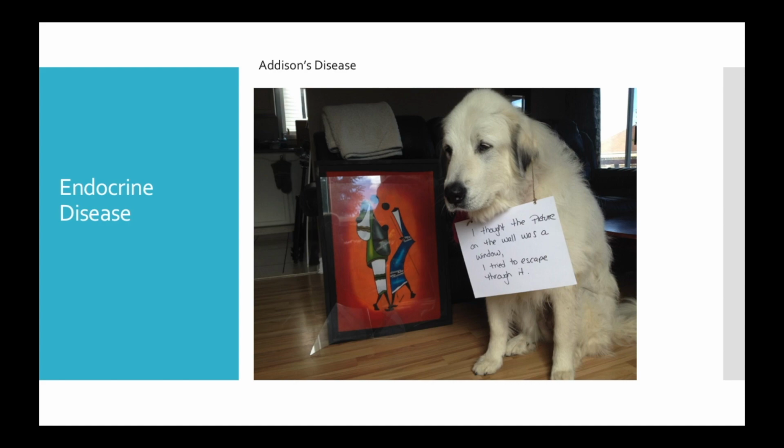And when they stop producing cortisol, the body doesn't respond very well to stress. So with a sympathetic nervous system reaction, we should get vasoconstriction, we should get increased heart rate, we should get all of that when those stress hormones kick in. And those compensatory hormones kick in, but unfortunately with Addison's and a lack of cortisol, they just don't kick in.